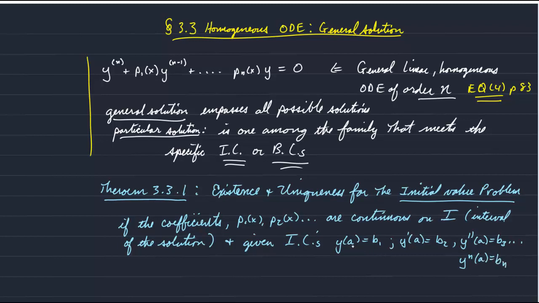So if we have, for an nth-order initial value problem, n initial conditions defined on the n derivatives, then the equation has a particular solution, and this solution is unique.